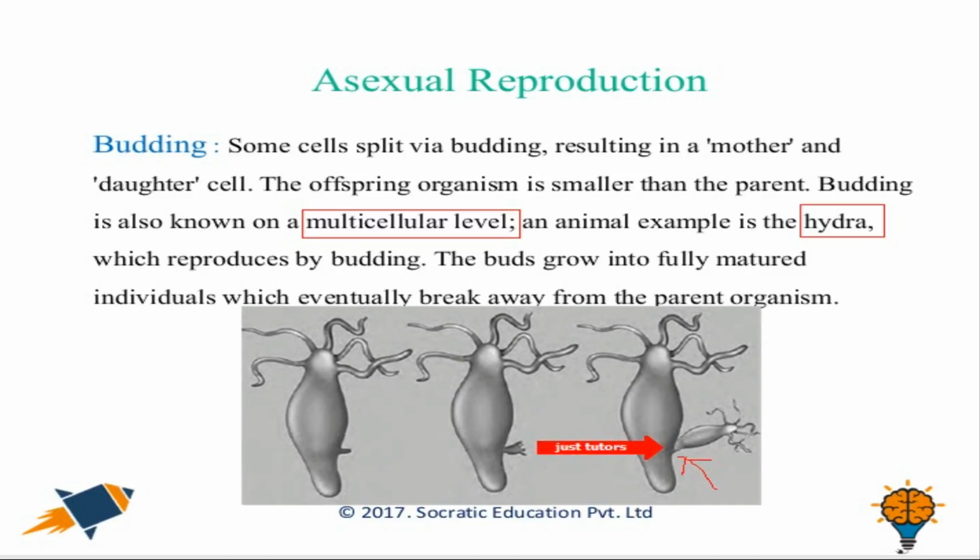So the bud grows into a fully matured individual, which eventually breaks away and becomes an individual hydra or an individual organism. That's the process of budding that takes place in asexual reproduction.